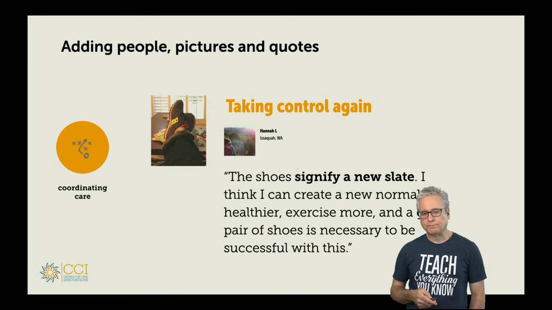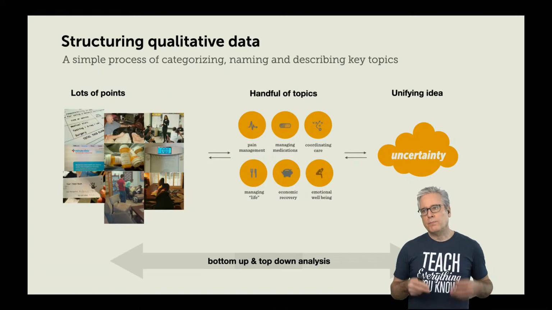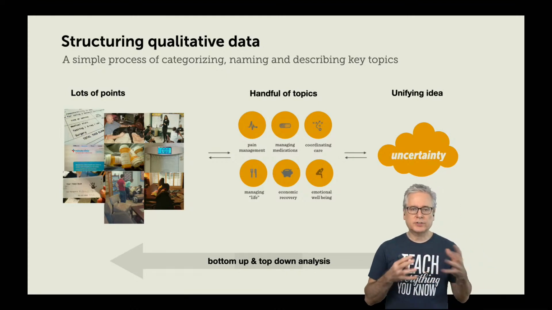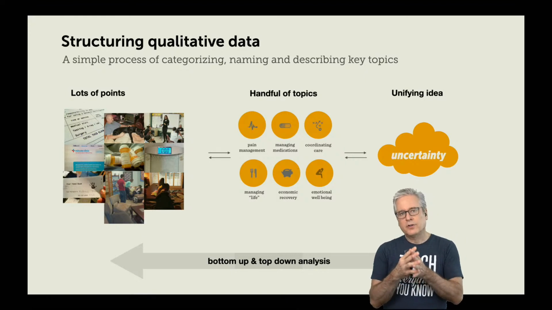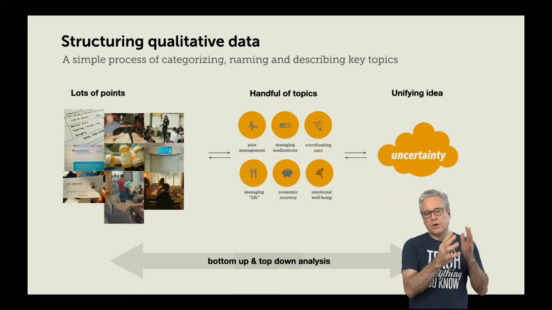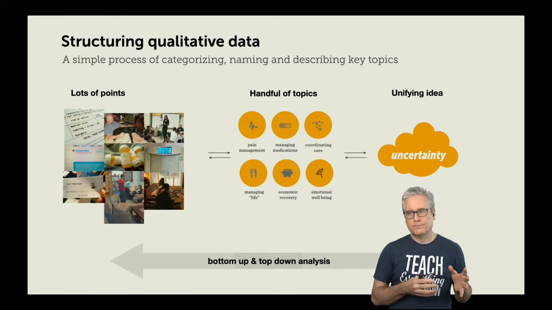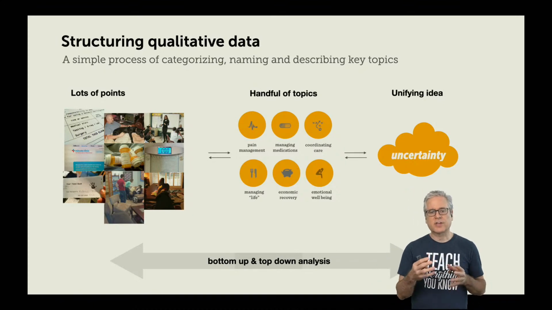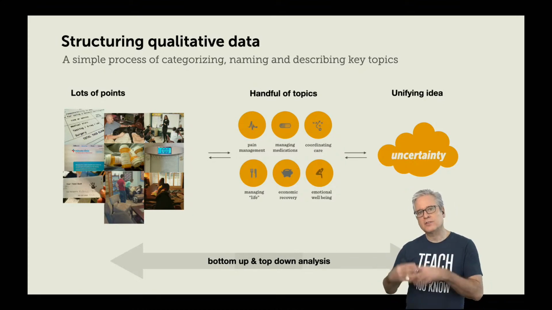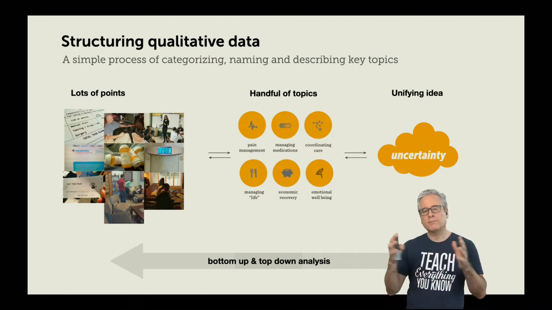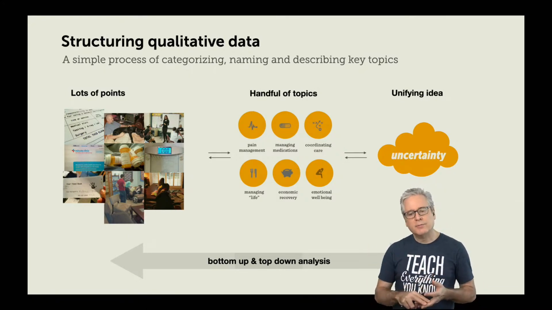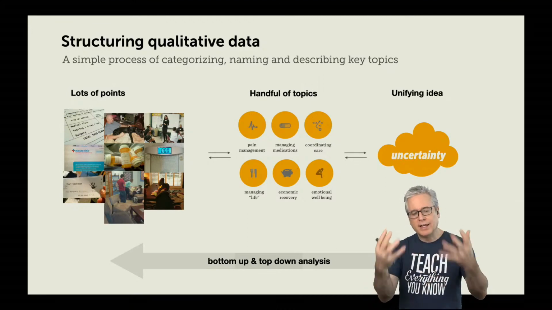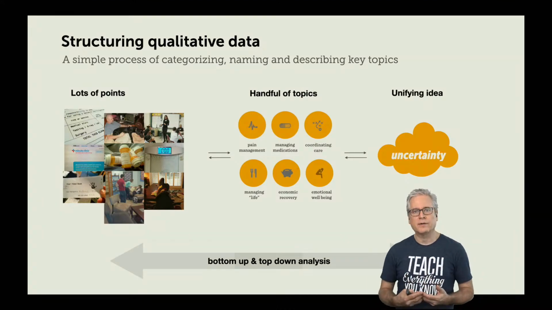See how that works? So what you basically do when you're structuring this qualitative data and trying to frame your problem is you start with lots of points, and it's a simple process of categorizing, naming, and describing these, and then putting them together in a structured presentation, poster, or document that allows people to get in there and understand what's going on.